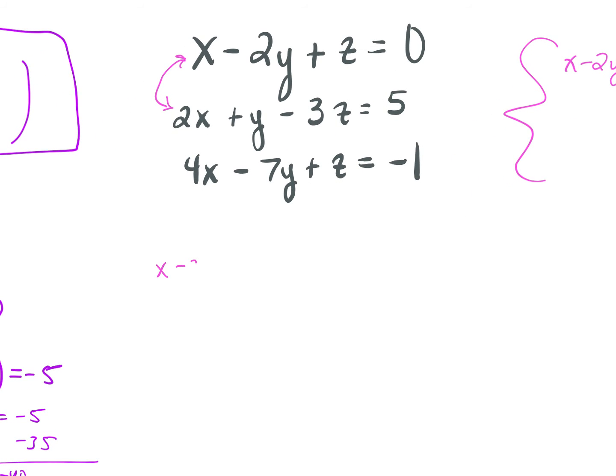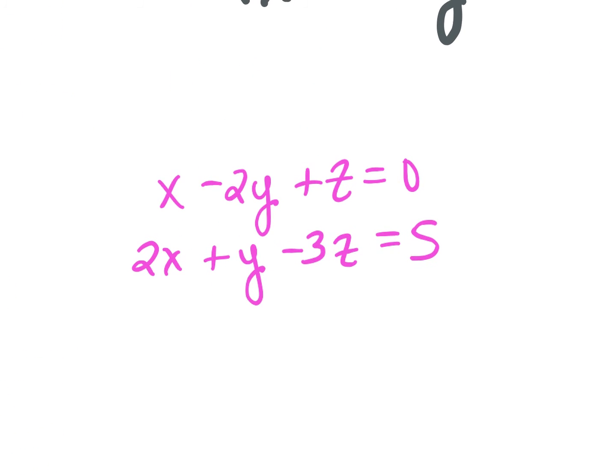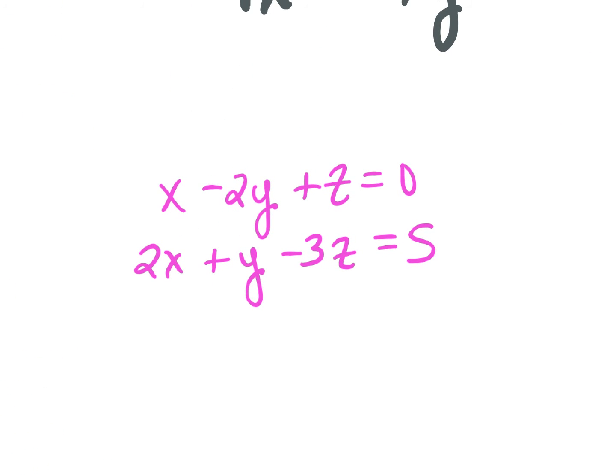So x minus 2y plus z equals 0. 2x plus y minus 3z equals 5. What would I multiply my top equation by so that my x's are going to cancel out? Negative 2, great. So remember, when we distribute to everything on both sides of the equation.